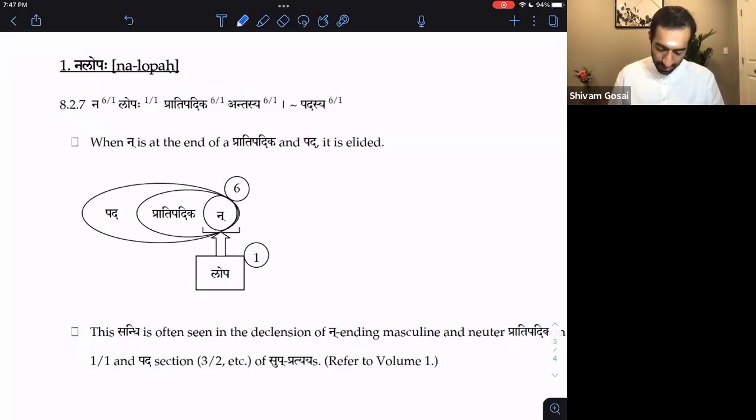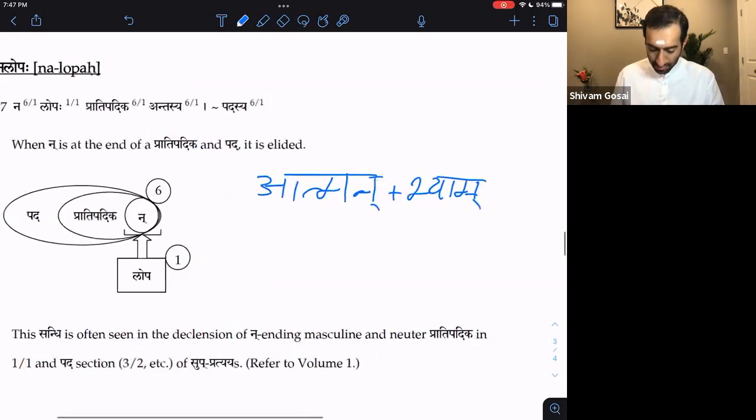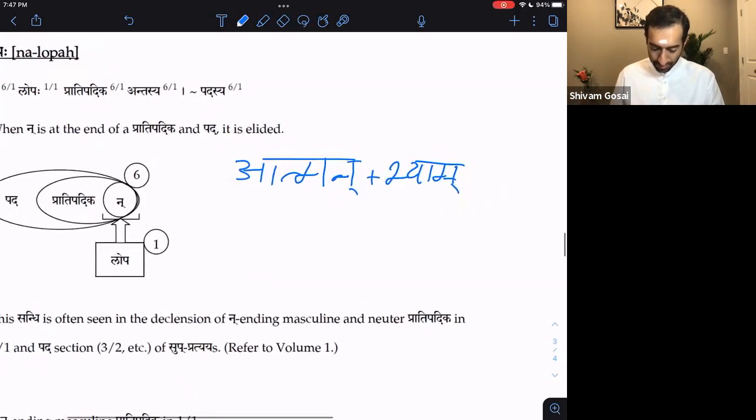Same thing, we have atman plus bhyam. This is, right, let's just say 3-2. Now I have a nakara.